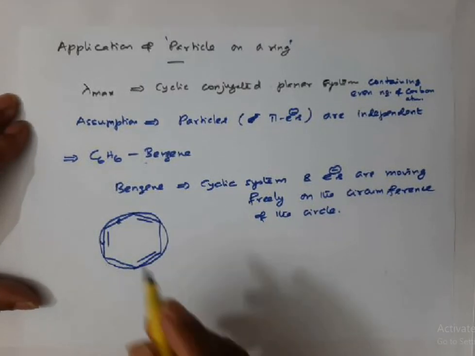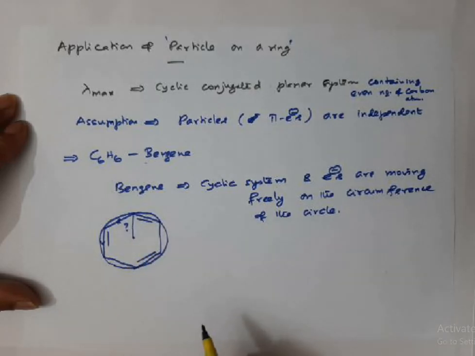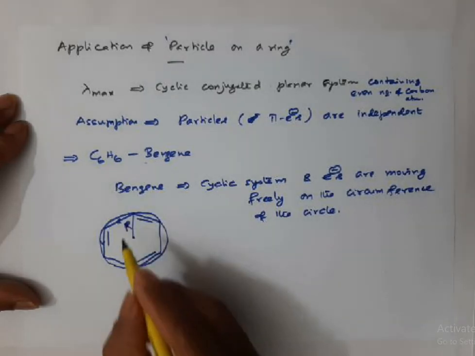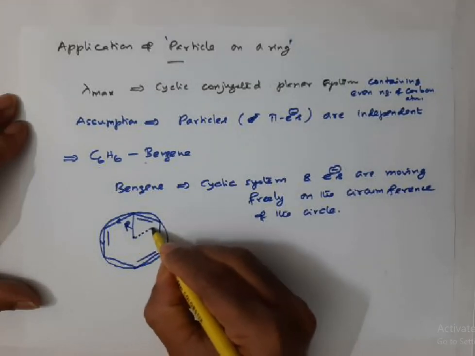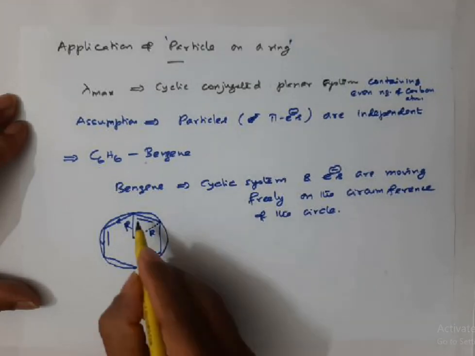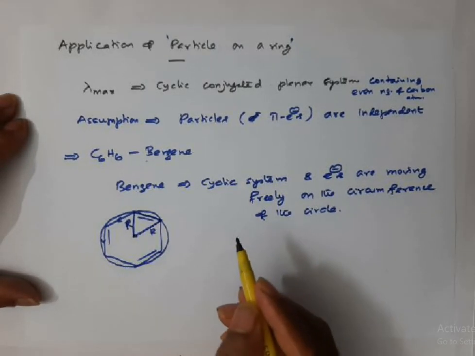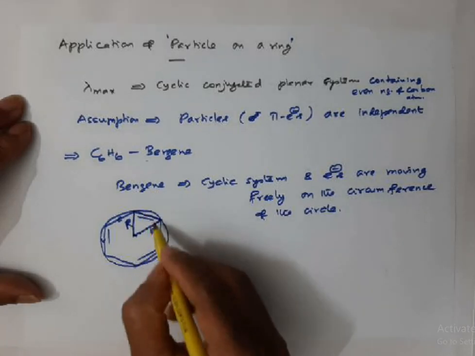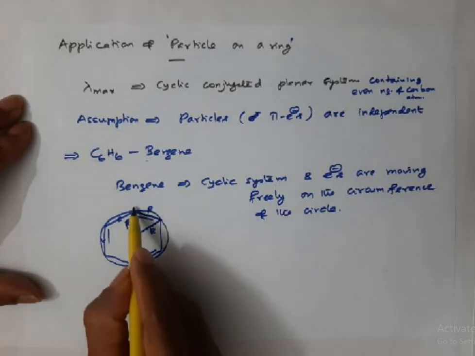Now the question arises, what is the radius of this circle? To find the radius, listen, this is also a radius, r, and now if you see, this triangle is an equilateral triangle. In an equilateral triangle, all the side lengths are the same. So this is nothing but the carbon-carbon bond length.